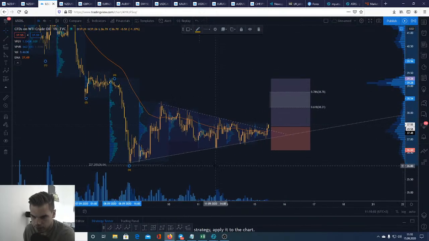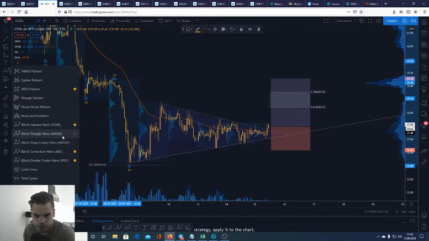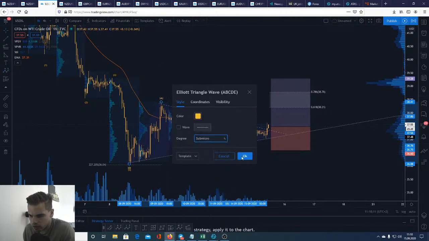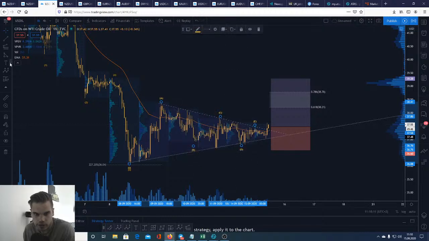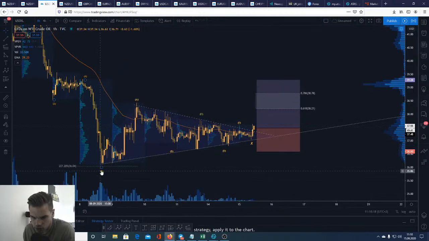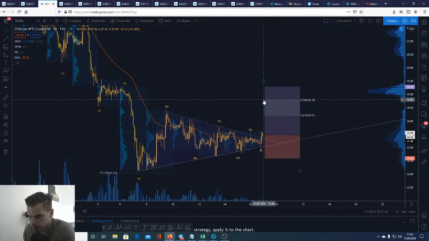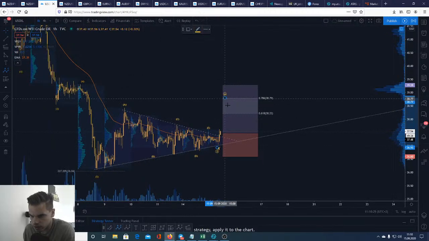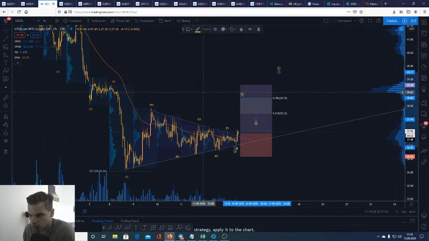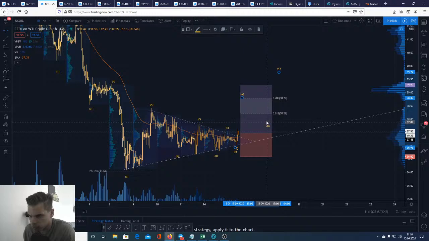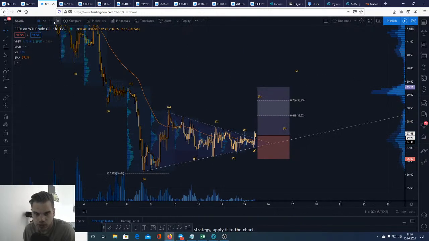Pennants, A, B, C, D, E, usually trend continuation, but not in this case. We have an X, and so a potential either 1 2 3 4 5 or just A, B, C. We don't know, but in both cases we would have a long opportunity here.